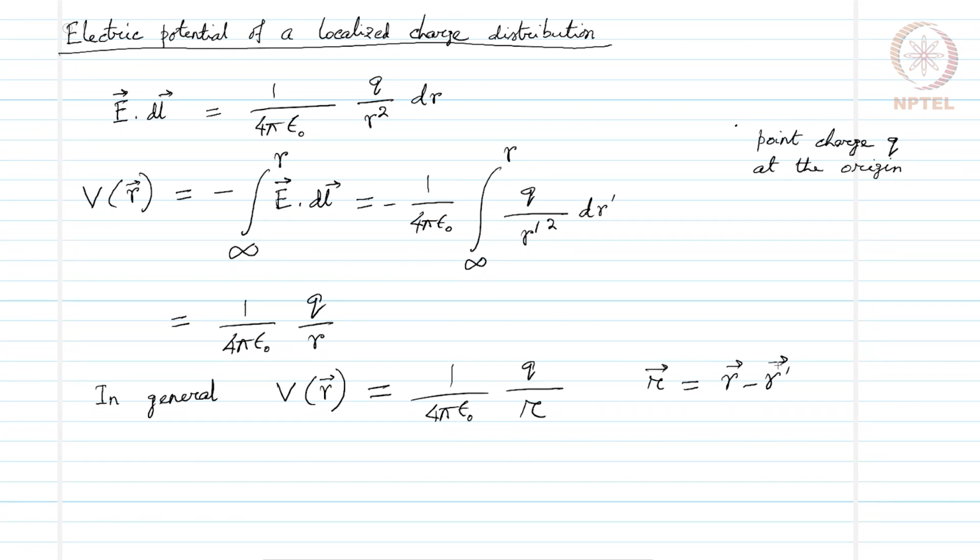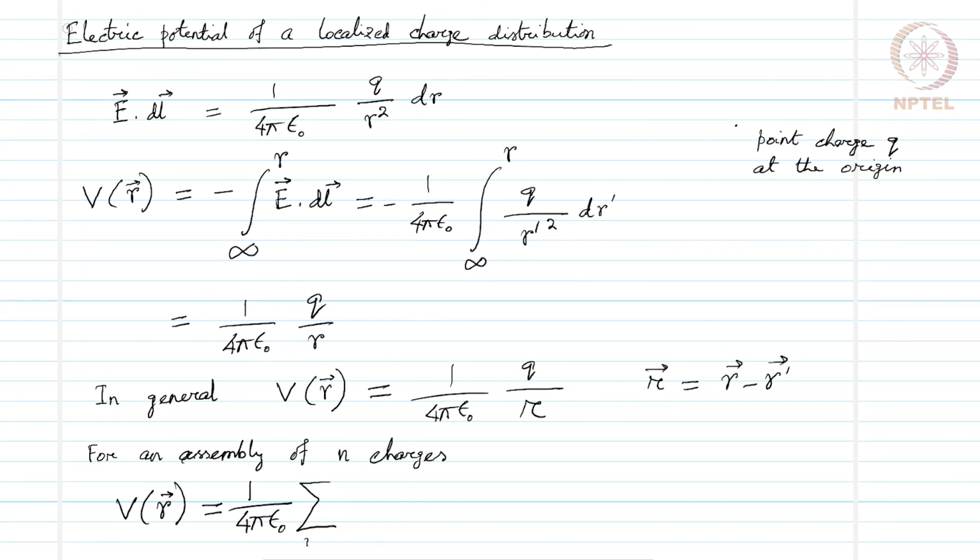Now, if we consider an assembly of n charges, each with magnitude qi, we can write the potential as a function of position vector as 1 over 4 pi epsilon naught, sum over i equals 1 to n, of qi over script r i.